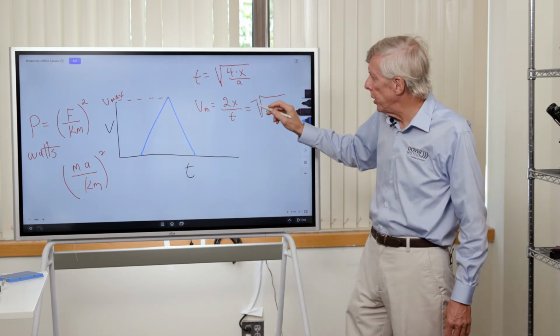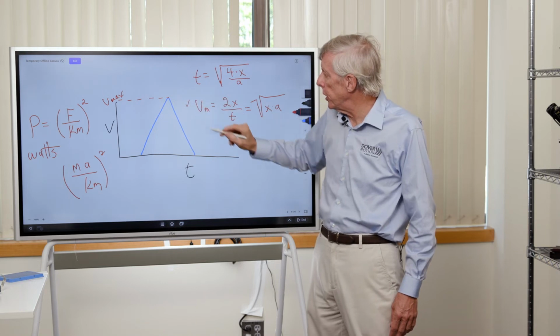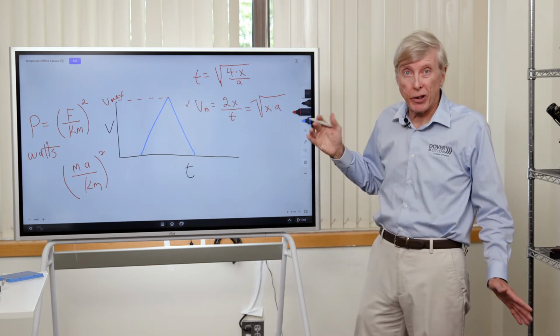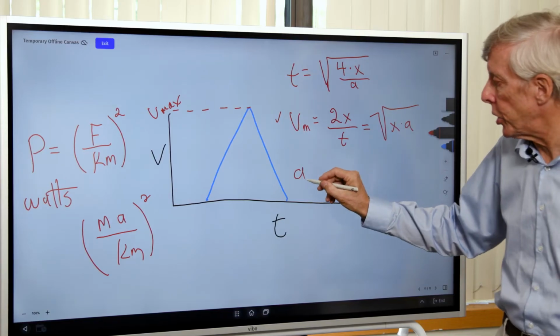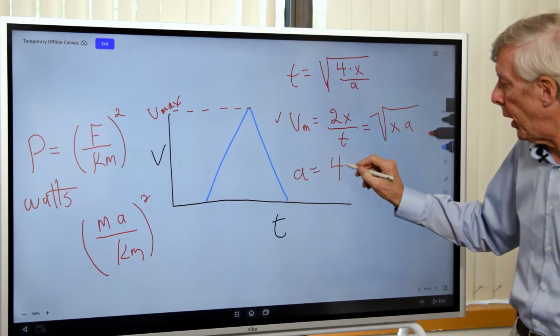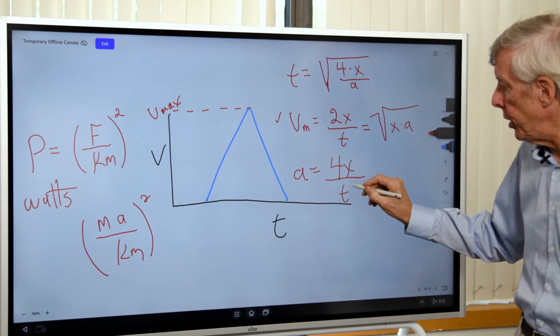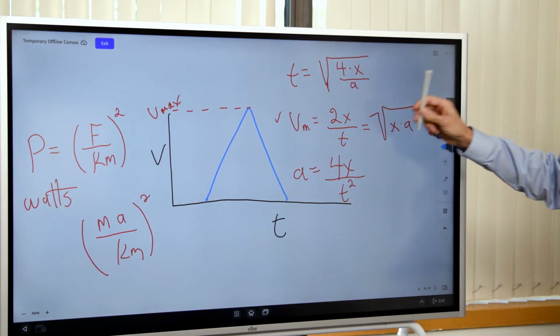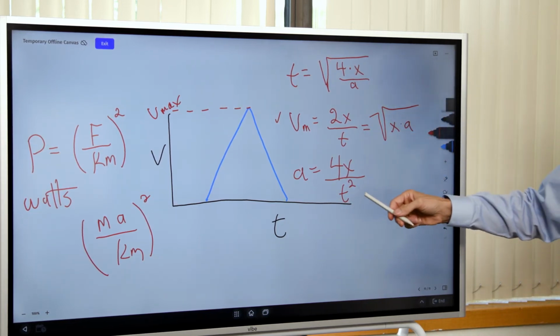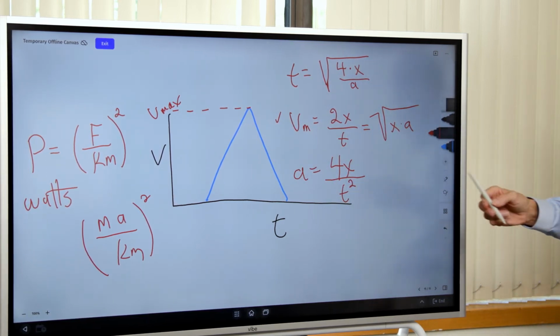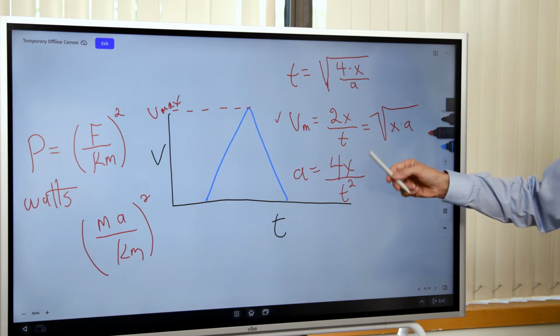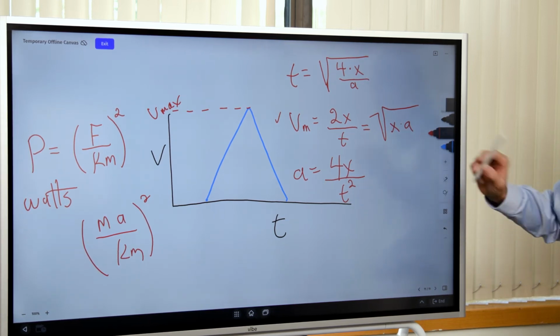In addition to calculating the velocity here, there's another very important simple formula for these moves, which is that acceleration will equal 4x over t squared. So peak velocity is 2x over t, and the acceleration in meters per second squared is going to be 4 times the move distance divided by the move time squared.